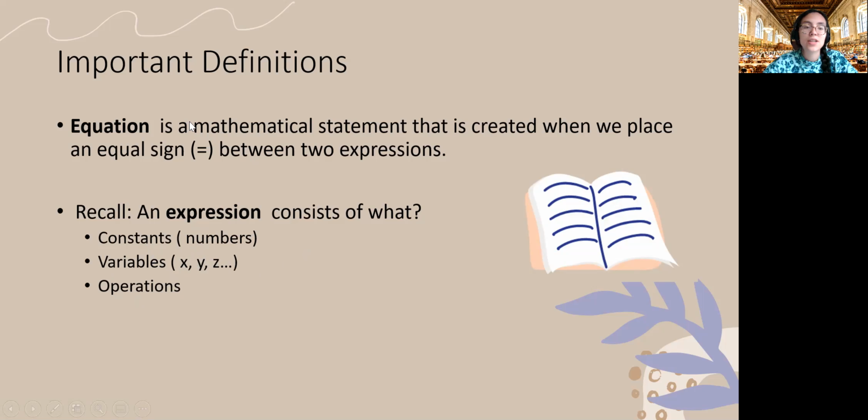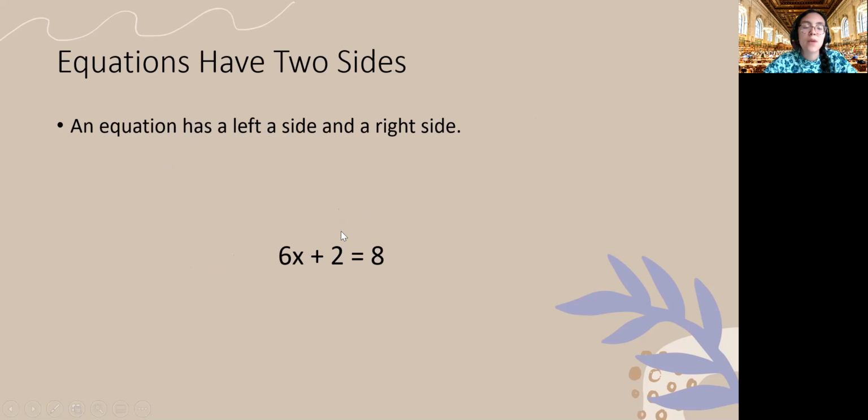So an equation is simply two expressions that have numbers, variables, and operations, and they are separated by an equal sign. We also know that equations have two sides. An equation will have a left side, let me annotate that for you, and a right side.